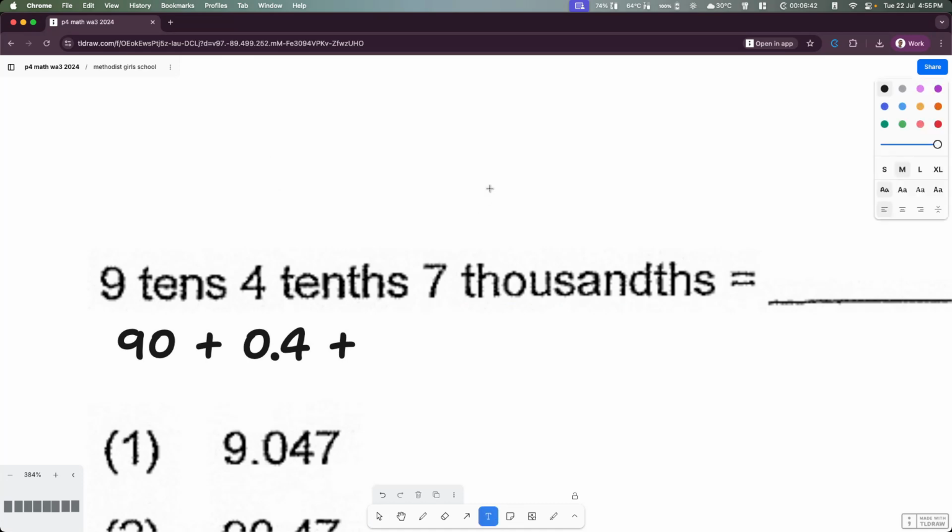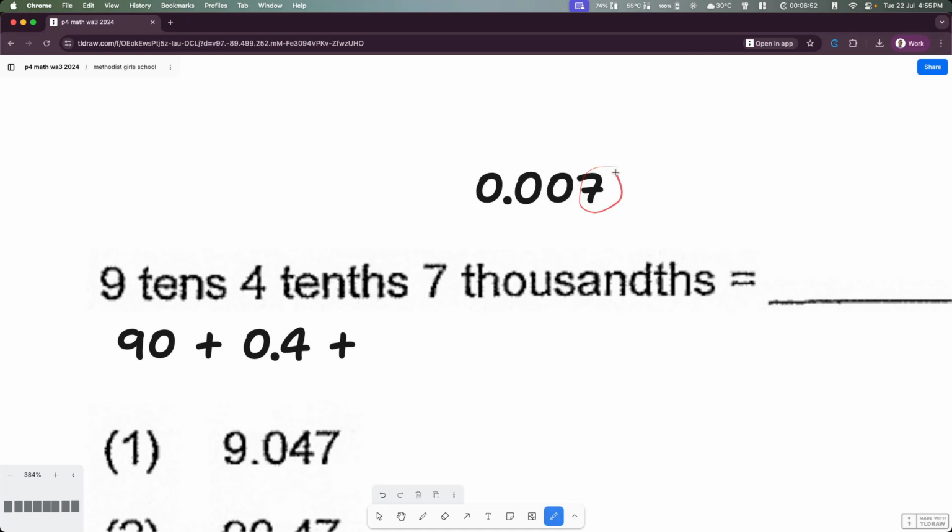I think you know already, right? 0.007. Because here, 7 is in the thousandths place. The 0 beside the 7 is in the hundredths place, and the 0 here is in the tenths place, like we've mentioned before.